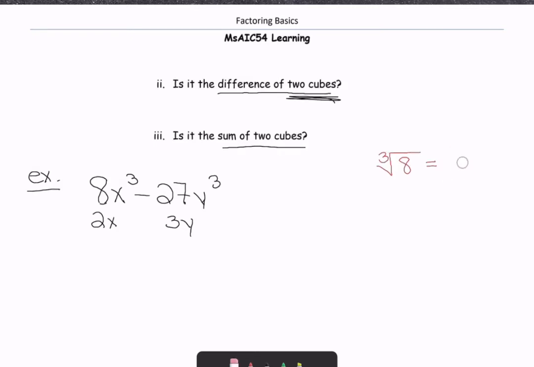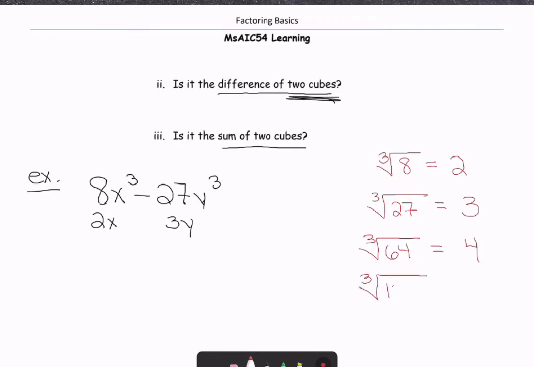So the cube root of 8 is 2. The cube root of 27 is going to be 3. The cube root of 64 is going to be 4. The cube root of 125 is going to be 5.